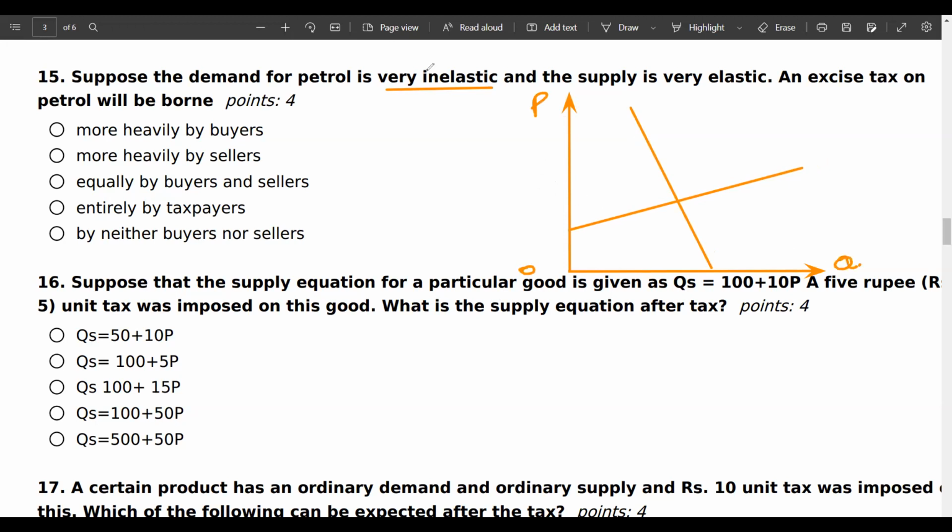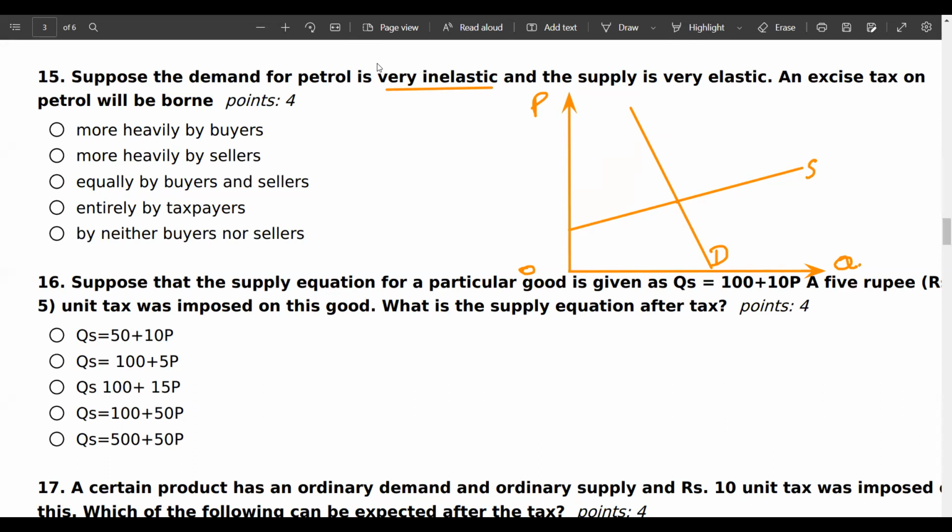Now remember, excise tax, that's what's given in the question. Generally excise tax is paid by the producers. So remember this one thing: whenever excise tax is put in the market, it's put on the producer.